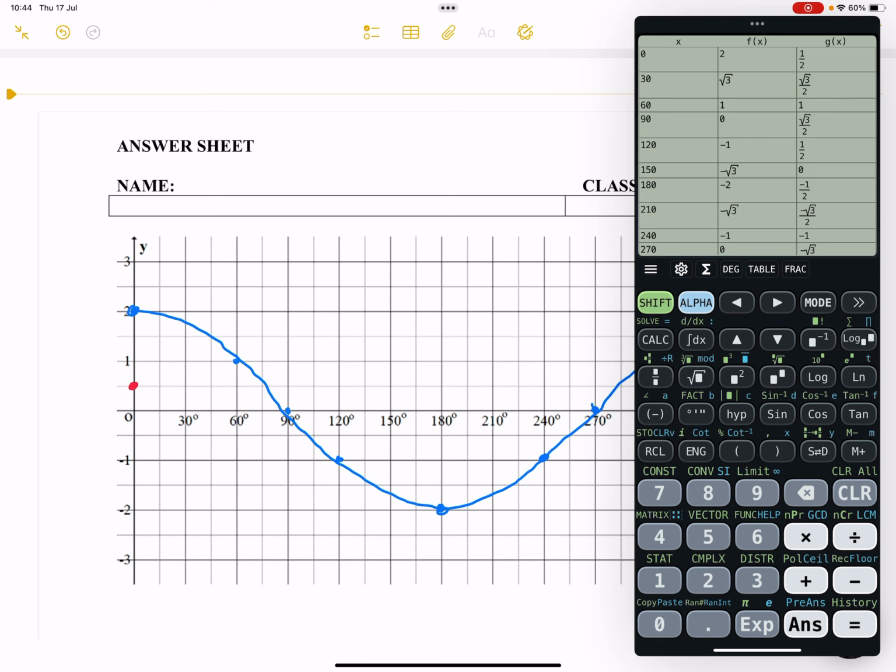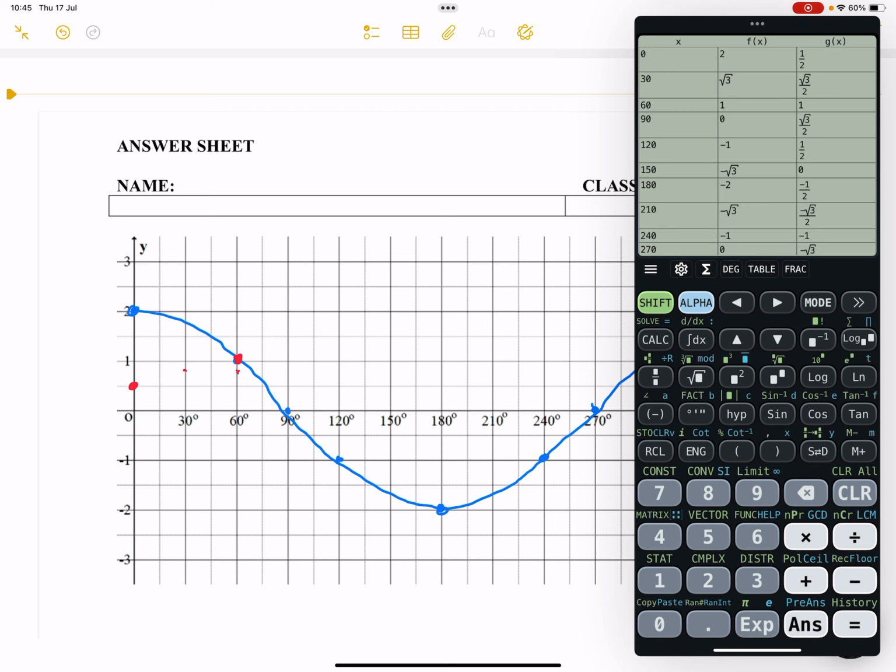At 30 degrees, I've got root 3 over 2, that's 0.866, so I won't worry too much about it. At 60, the graph is equal to 1. So there it is.